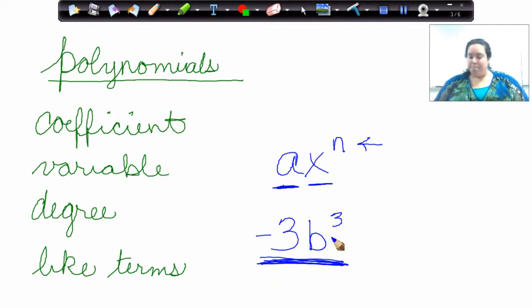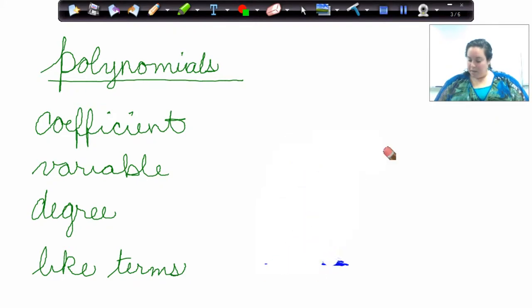If you stick a bunch of monomials together with addition, you get a polynomial.